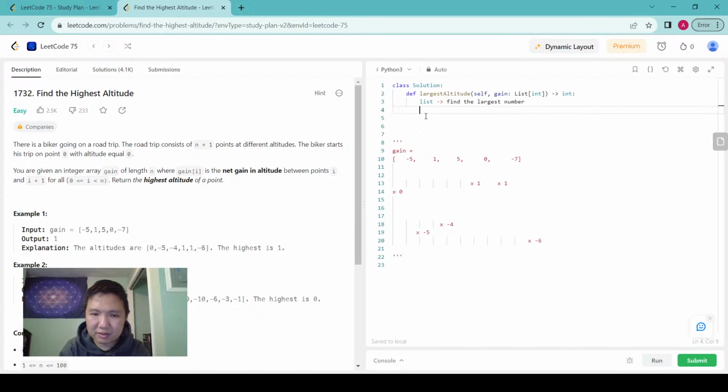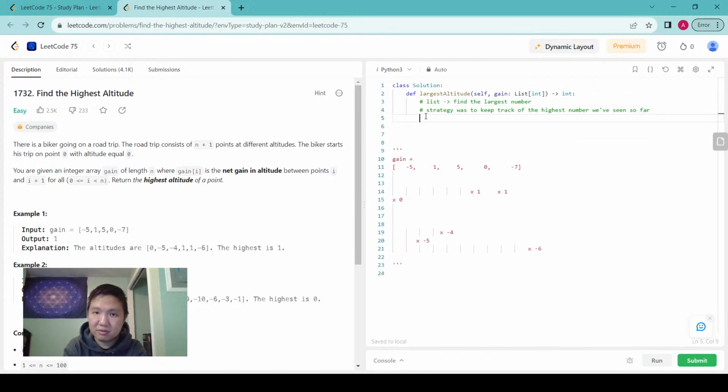So the way we did this was to keep track of the highest number we have seen so far, and then return that. Now, we're going to solve today's problem using a modified version of this strategy.